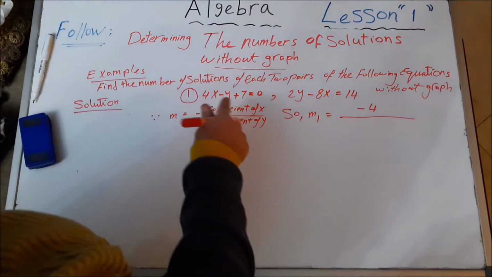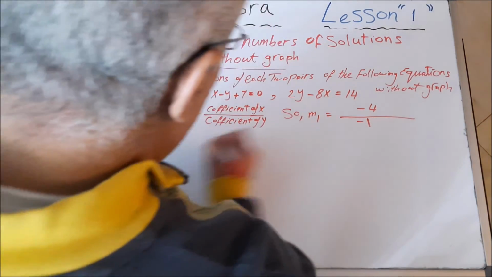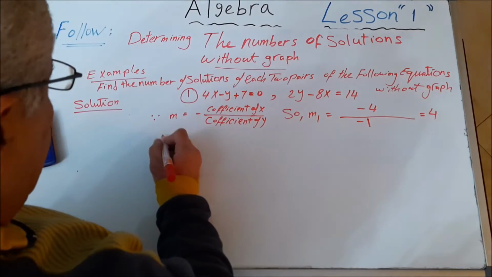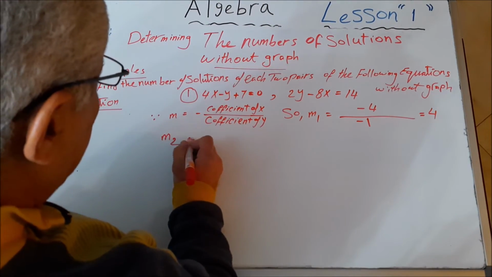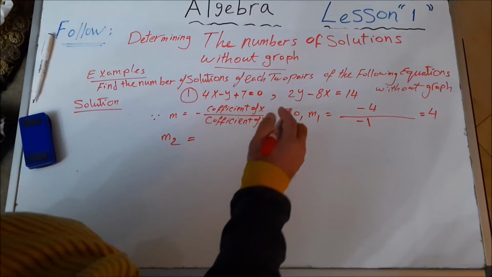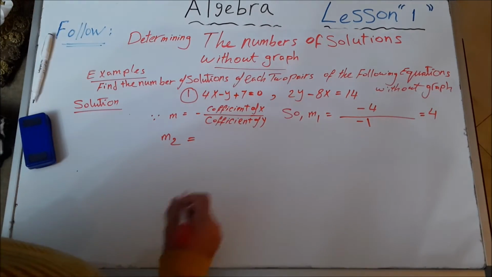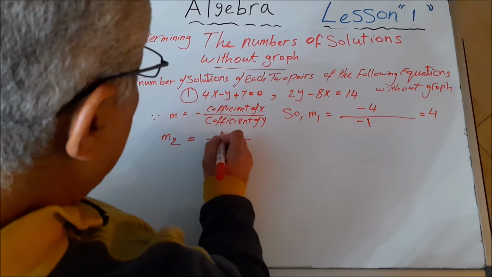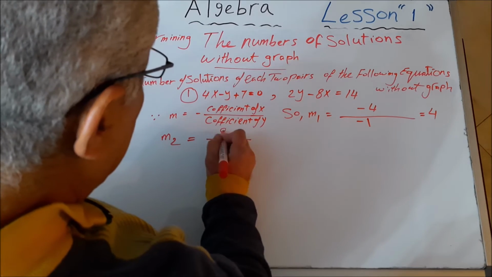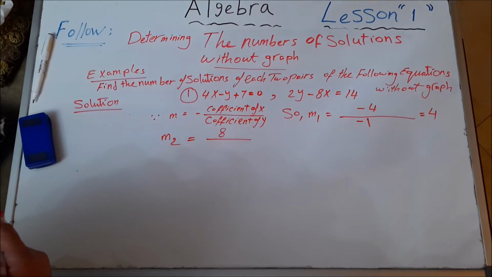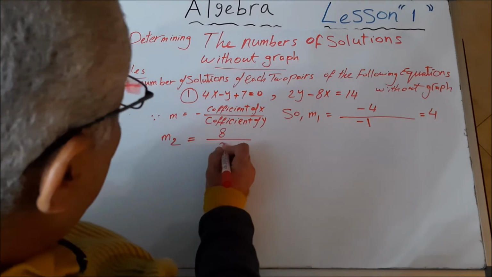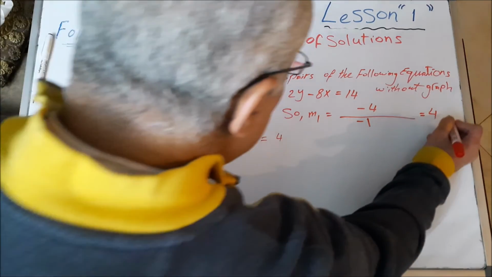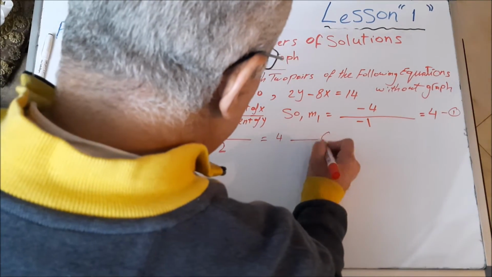Coefficient of y in this case equal minus 1, equal 4. m2 for the equation number 2 equal minus coefficient of x, equal minus 8, minus equal plus, so 8 divided by coefficient of y. Coefficient of y equal 2. 8 divided by 2 equal 4. This is number 1. This is number 2.